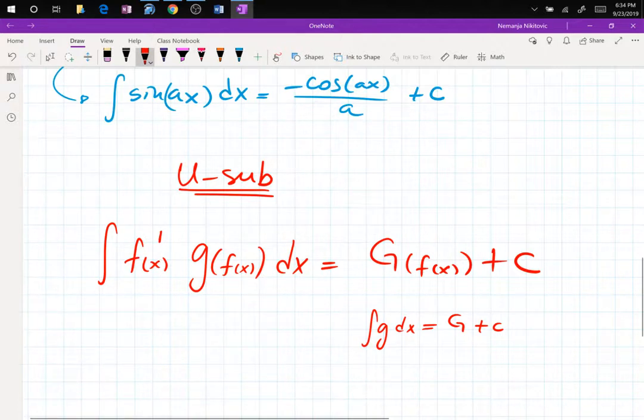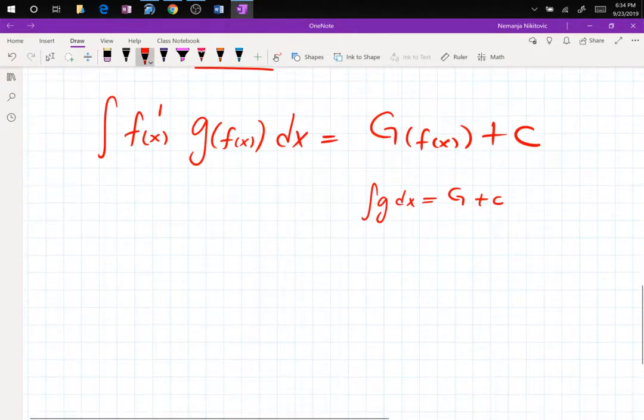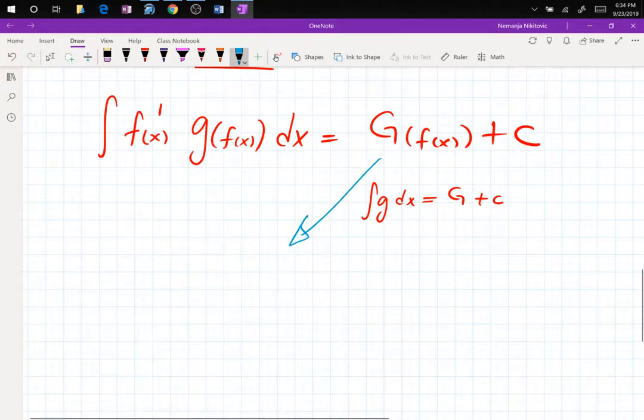And when you're taking the derivative of the top function, so if you are to check this, if you take the derivative of this, it would be g prime of f of x times f prime of x, but then g prime, we had it over there as a lowercase.